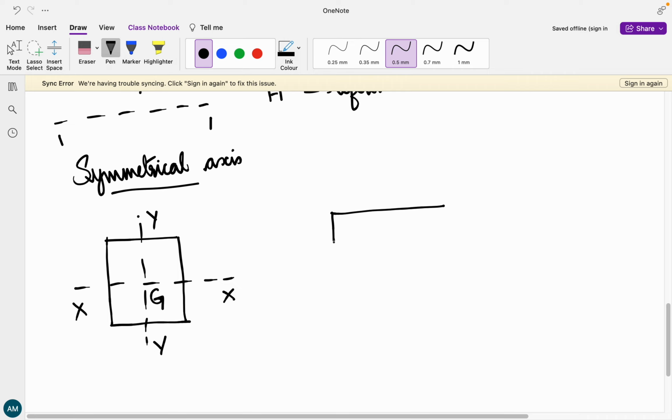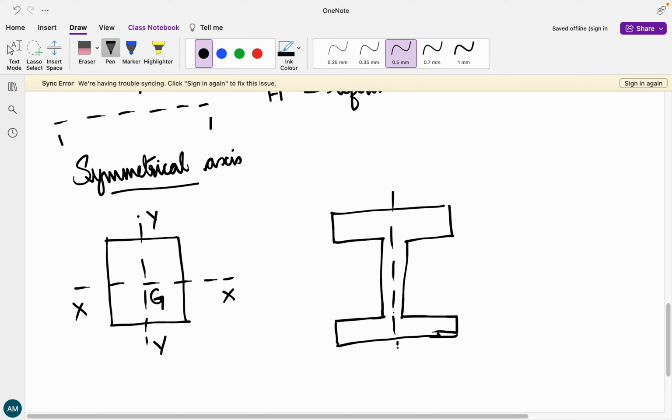Now I'm going to consider an I-shaped plane figure. If we consider that the axis of reference is going to pass through the centroid, then obviously it becomes a centroidal axis. So here we have XX as well as YY.